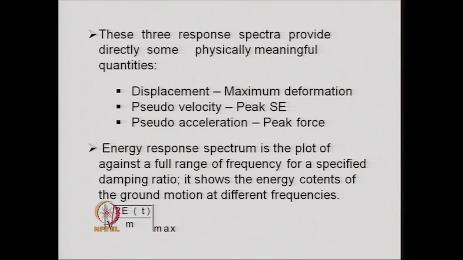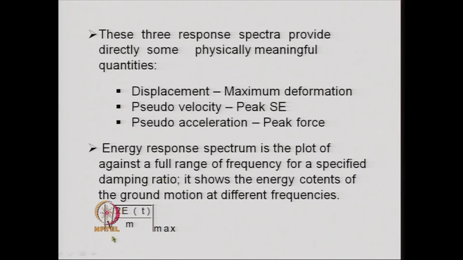Now, let us come to the energy spectrum. The energy spectrum is the plot of the energy of the system over a full range of frequency for a specified damping ratio.